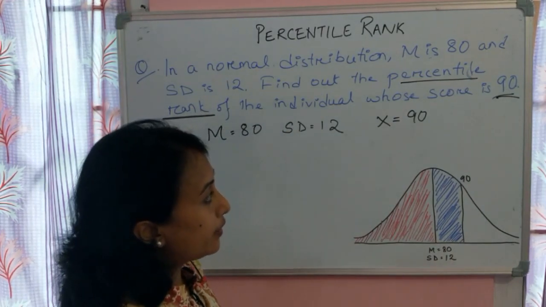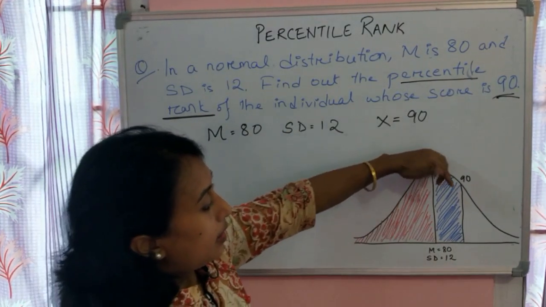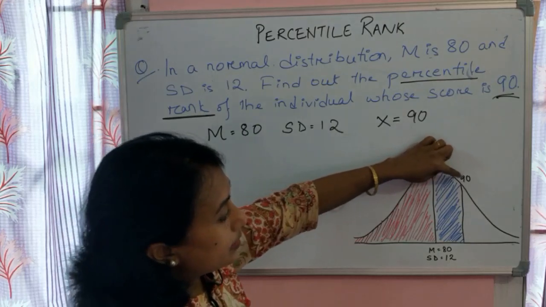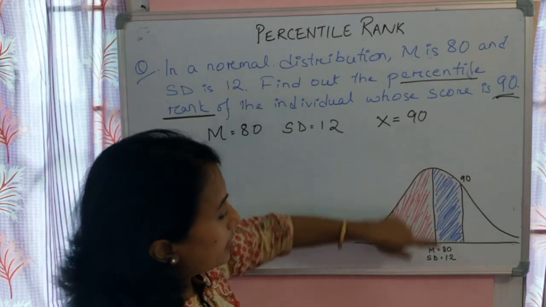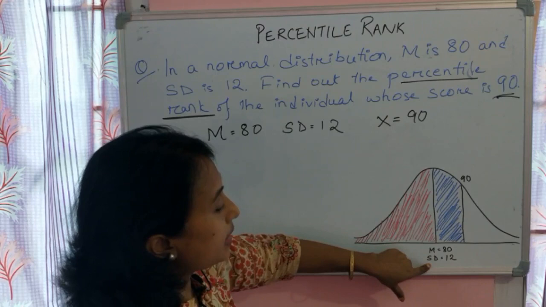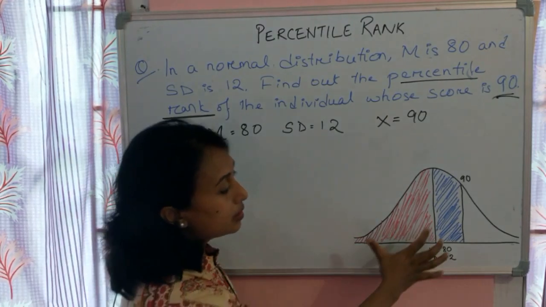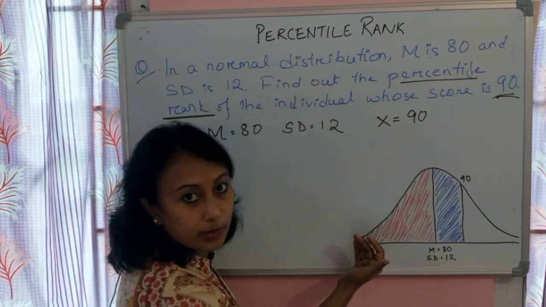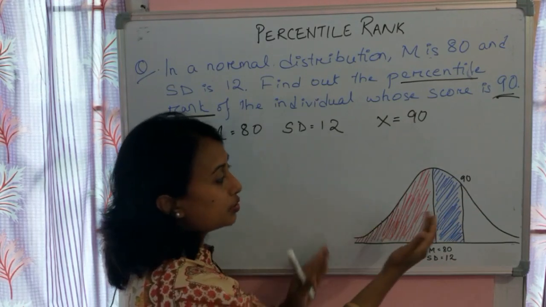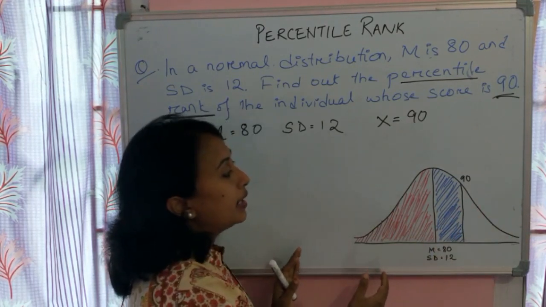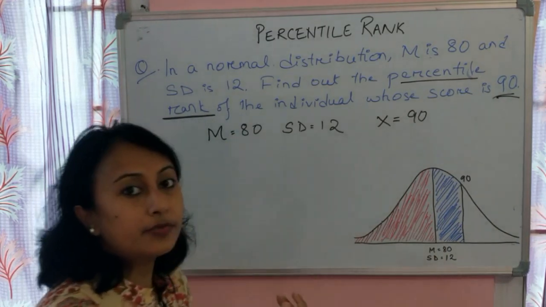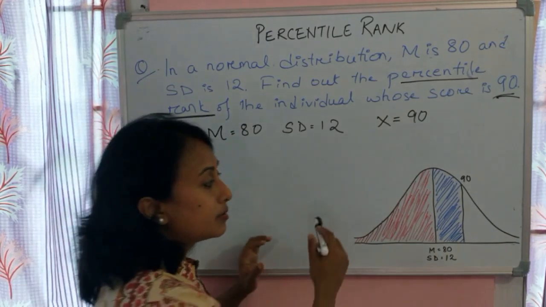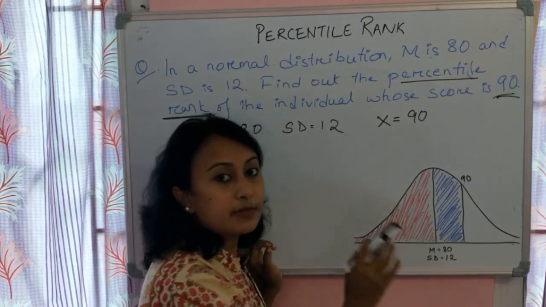So now, this is our X, this is our mean, this is the SD, and we need the percentage of scores lying below 90. Whenever you solve your questions on NPC, please draw this NPC very correctly.